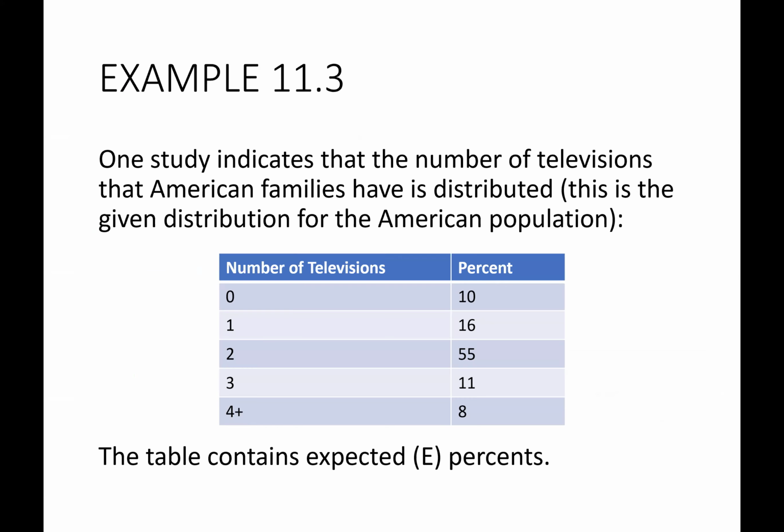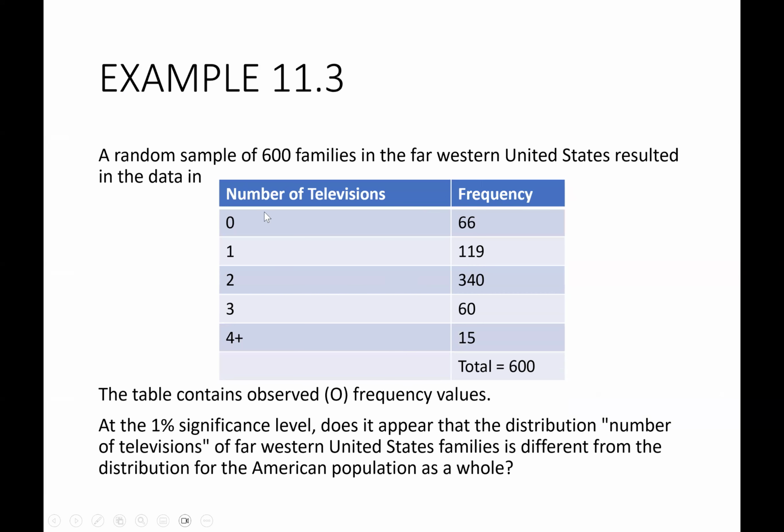This is the given distribution for the American population, so the population as a whole is expected to be this. They observed a random sample of 600 families in the far west of the United States, and they got this frequency.